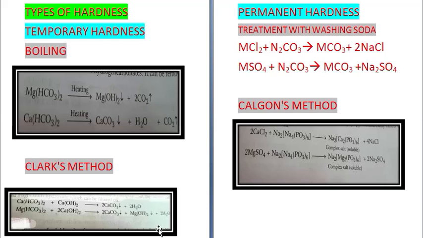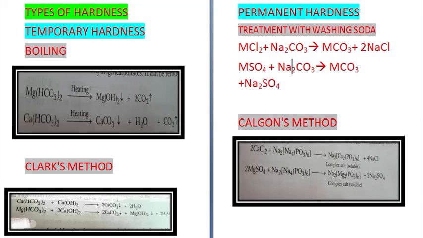So metal chloride MCl2, if it is treated with Na2CO3, it gives you MCO3 plus 2NaCl. M here is any metal like calcium and magnesium.